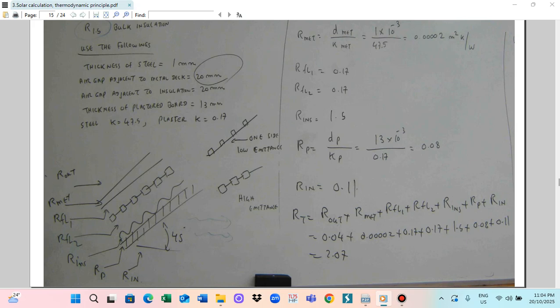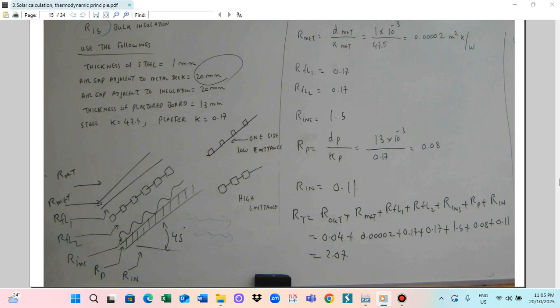So laminated insulation: if you see this shape, one side is low emittance. If you see this one, this is high emittance. This means both sides of the lamination, this side and then this side, are covered with the metallic foil. Only this side is covered with the metallic foil for the one-side insulation, but for this one both sides are covered with the metallic foil.